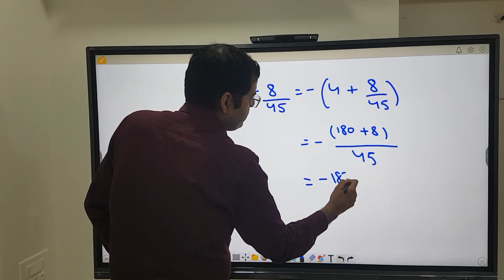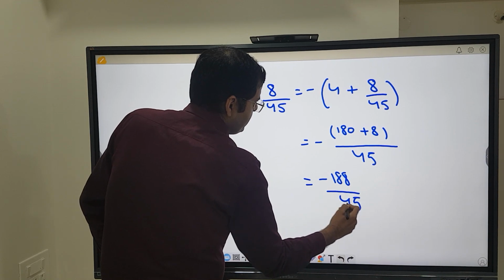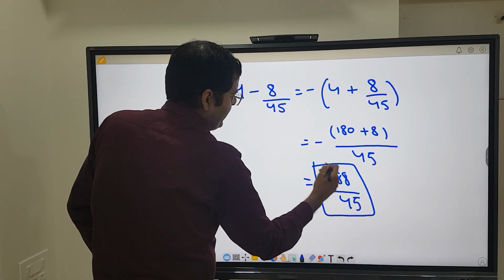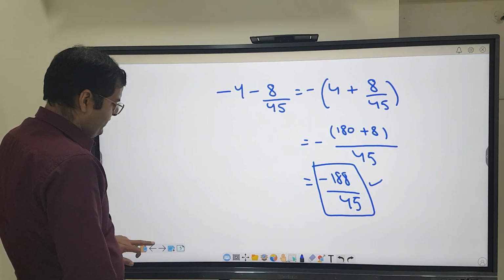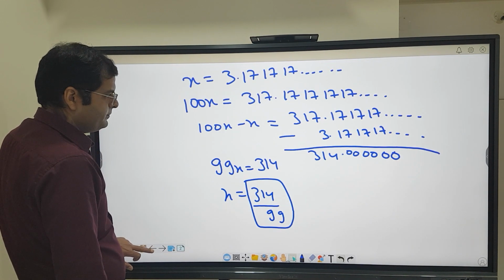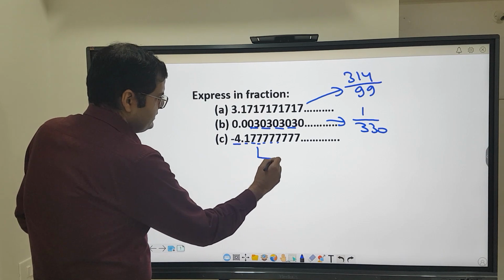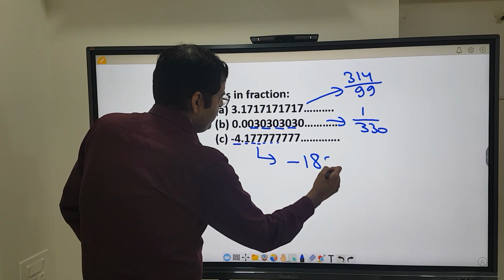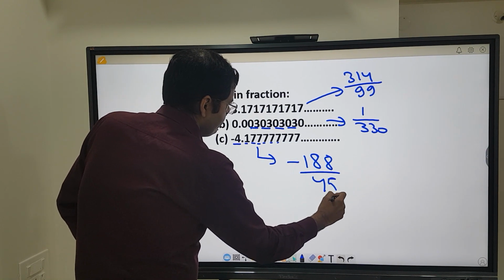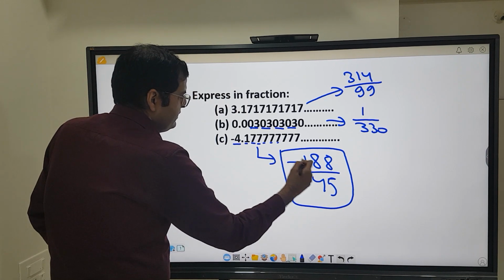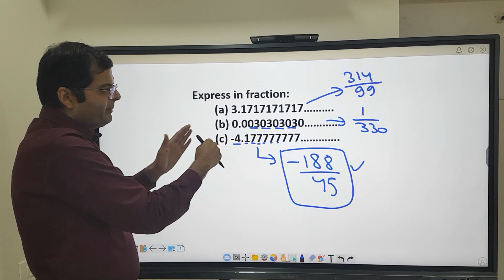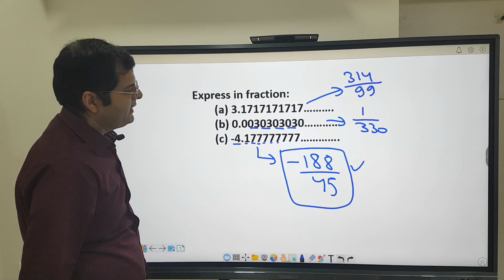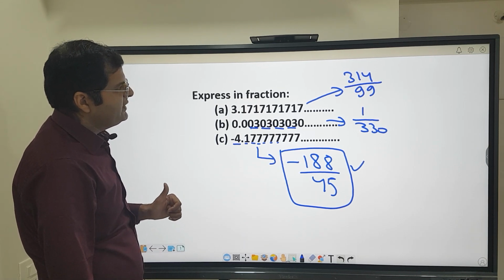That is minus 188 upon 45. That is what we get as the answer for this C part. So it is minus 188 divided by 45. Always keep in mind for this third question, if you have a negative number, you have to break it down, and then you can solve it. That's how we solve this question.